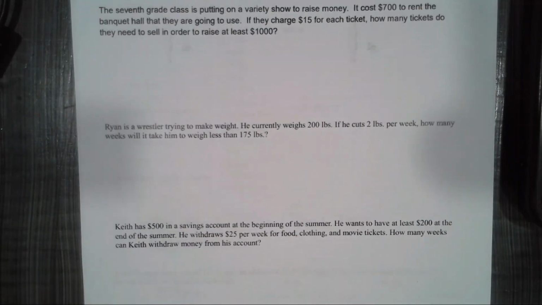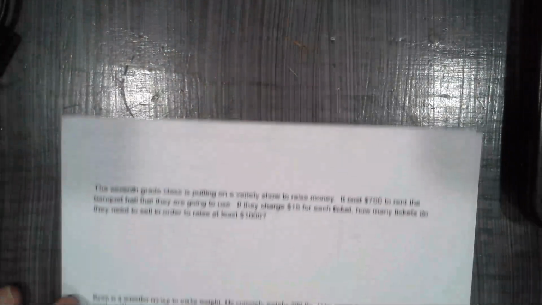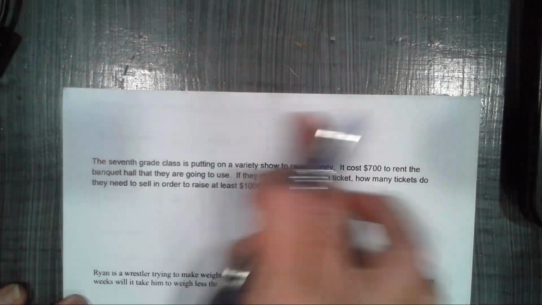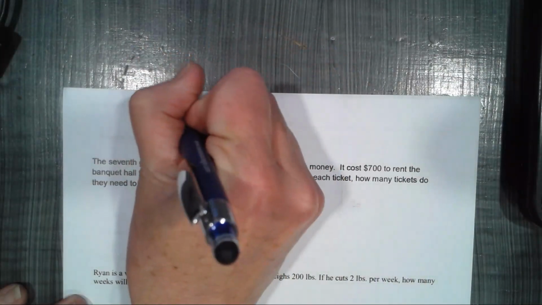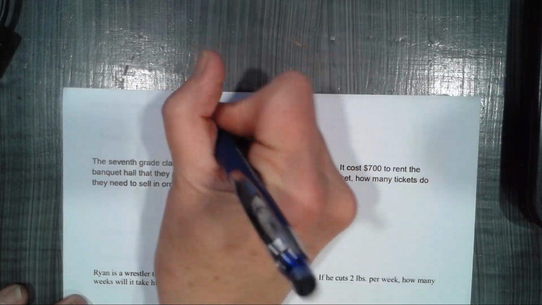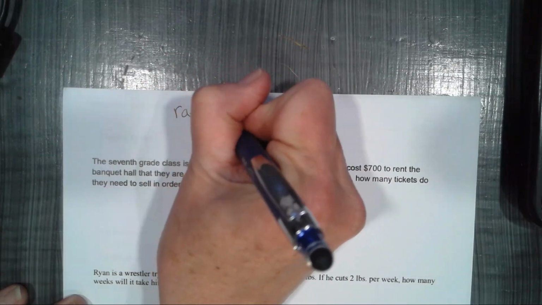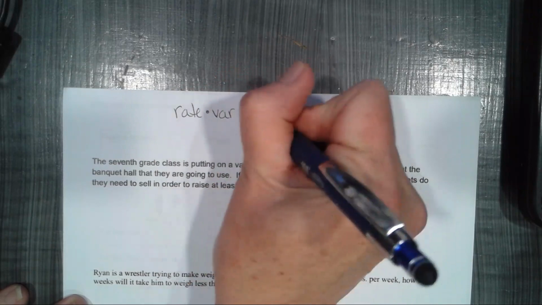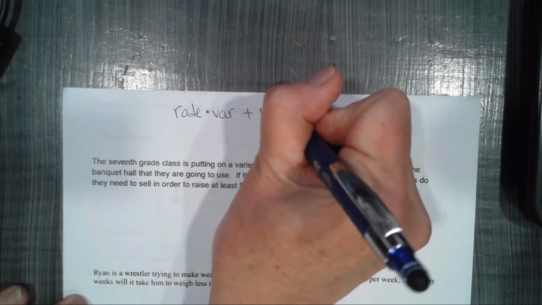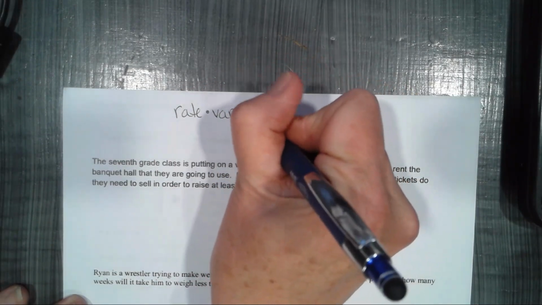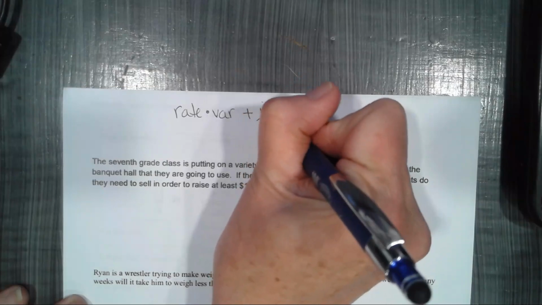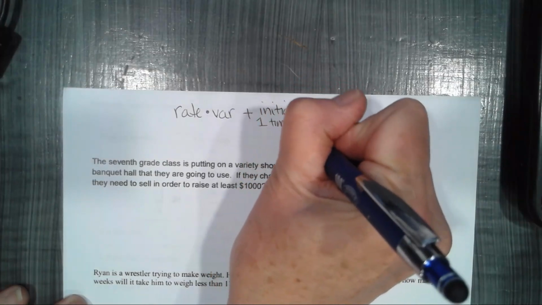So first of all, on this side of your paper, go ahead and write your equation form. Remember, we've got a rate multiplied times your variable. We're going to add our initial amount or our one-time amount.